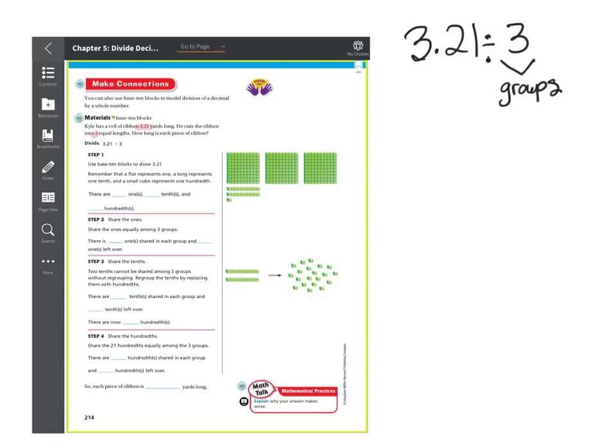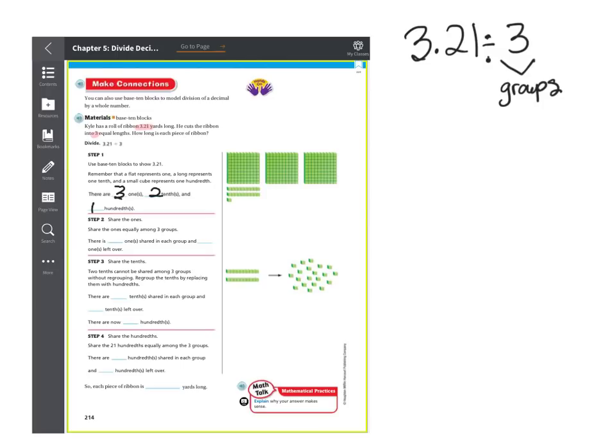Okay, so I'm going to draw out 3.21, which is right here. 1, 2, 3, and then 2 tenths, and then our hundredth, which is shown here. So there are 3 ones, 2 tenths, and 1 hundredth.